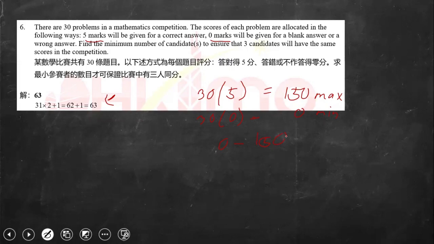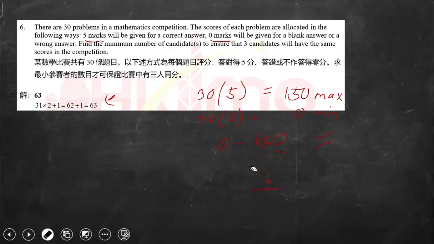So this is if you have all questions correct. If we have one question wrong, it's going to be only 145 points. And if you get 2 questions wrong, it's going to be 140. If you get 3 questions wrong, it's going to be 135. So as you can see, the scores are only divisible by 5.